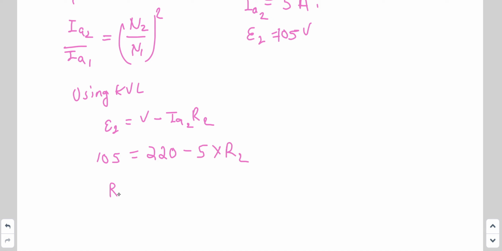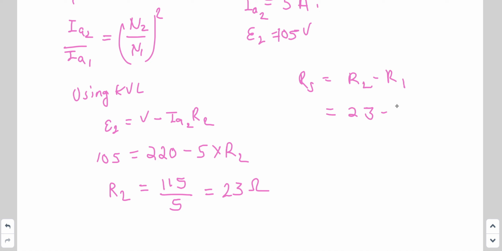So R2 will be 220 minus 105, which is 115, divided by 5, which is equal to 23 ohm. So the extra resistance connected is R series equals R2 minus R1. So 23 ohm minus the resistance was initially 0.5, so it is 22.5 ohm.